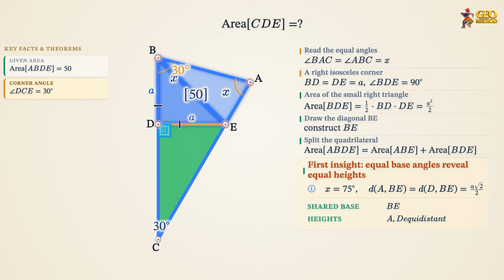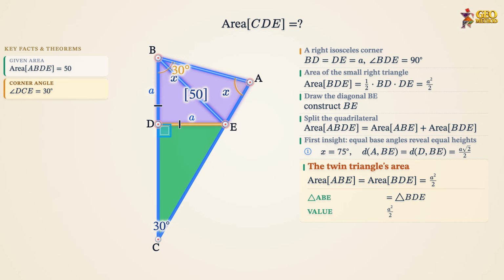The two triangles on base segment BE have equal heights, so they have equal areas. Because those two triangles are equal in area, triangle ABE also measures A squared over 2. Both halves of the quadrilateral now carry the same clean expression.